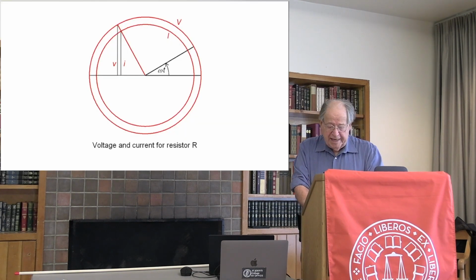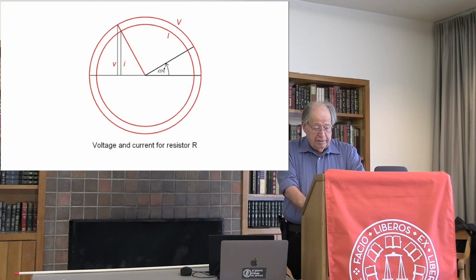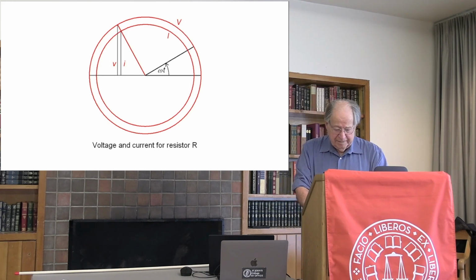One of them inevitably led or lagged the other. Then for resistance, where the ratio does not depend on frequency, we may infer that the voltage and current are synchronous. In the paradigm circle for resistance, then, the radii representing voltage and current will coincide.